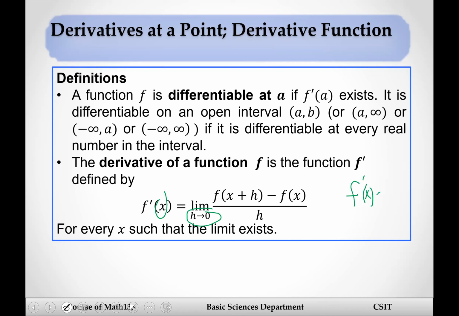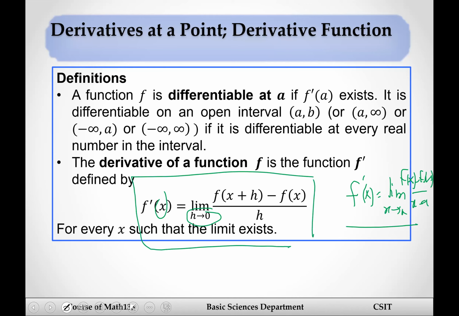F prime of x is equal to the limit of f of x minus f of a over x minus a when x approaches a. The difference between this formula and this one is that here, in the second one, the limit is changing depending, here is f prime of a. So the limit here is changing depending on the value of a.